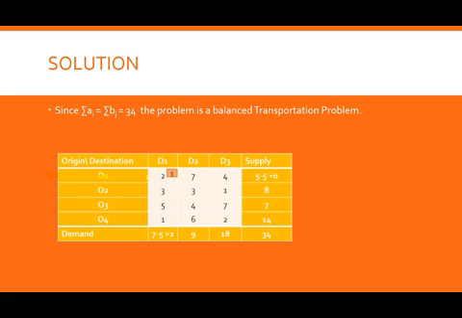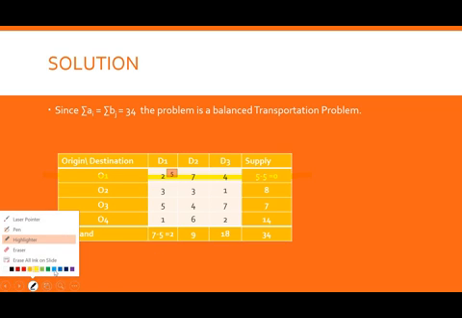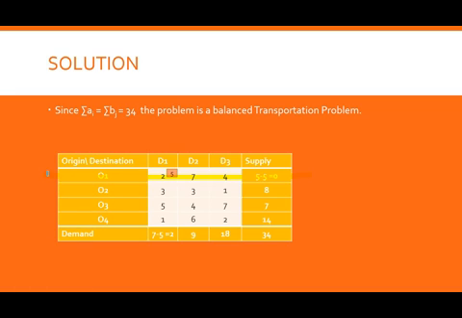This color is not nice. Let me take another color. Blue. We need not touch this row again. Finish. This row is over. So the remaining cost matrix is only this part.